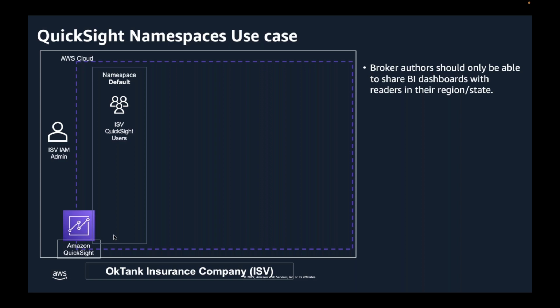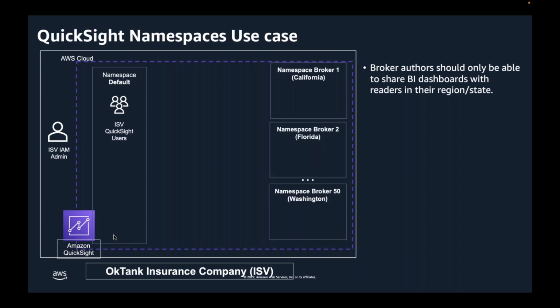But the requirement, because of regulation and business use case as well, one of the hard requirements is that these broker authors cannot share data or dashboards with users in other states for data privacy, and every state has its own regulation. So for that to happen, the ISV admin creates a namespace for California. They also create a namespace for Florida, and so on and so forth.